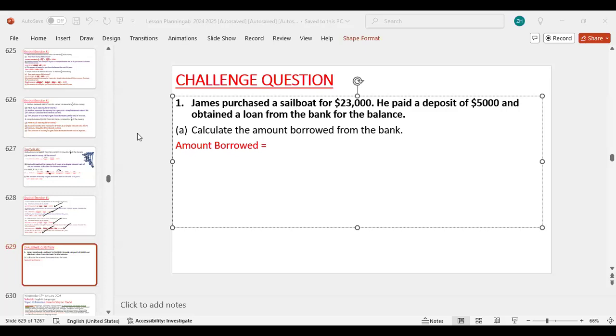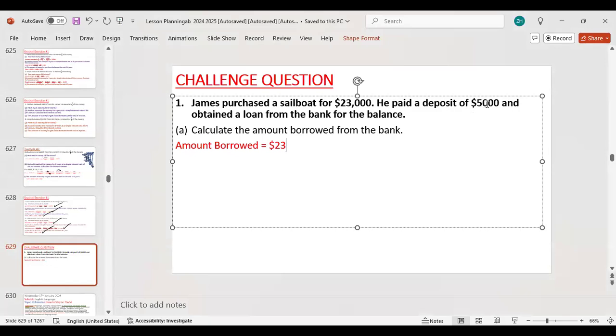What's the amount borrowed in this question? 18,000. Y'all sure? I can give you an opportunity again. Yes, sir. 100% sure. All right. The amount borrowed is going to be the difference, because he deposited $5,000.